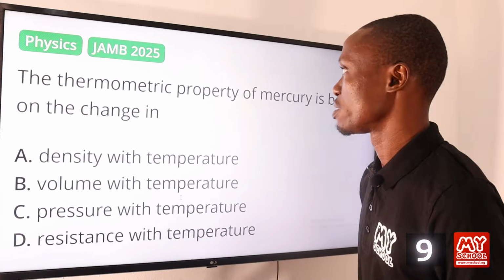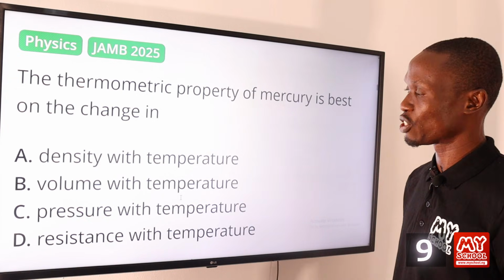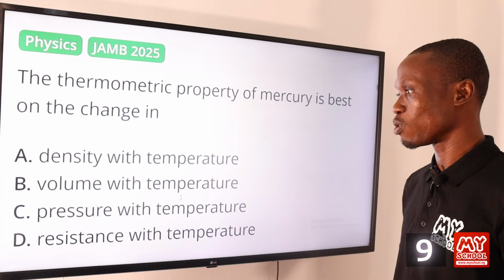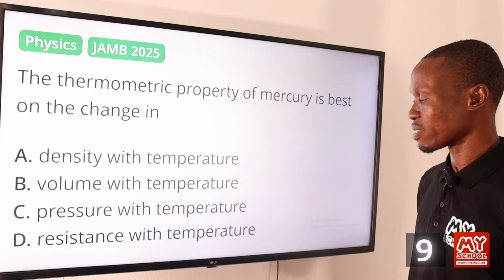Question 9. The thermometric property of mercury is based on the change in A, density with temperature, B, volume with temperature, C, pressure with temperature, and D, resistance with temperature.